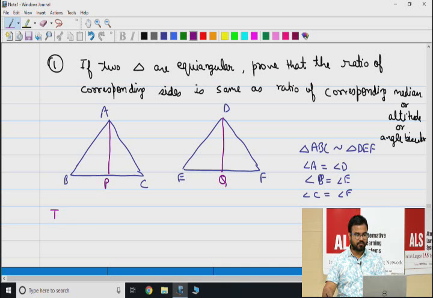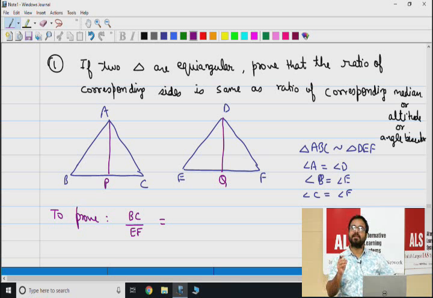So what we have to prove over here is that the ratio of any side, you can take AB upon DE, BC upon EF, or DF upon AC, so let's say BC over EF, this ratio of sides is equal to the ratio of the corresponding medians. Equiangular means which are of the same angle, equal angles.